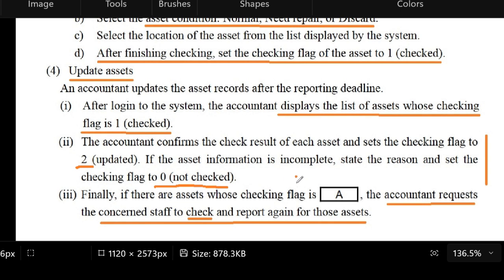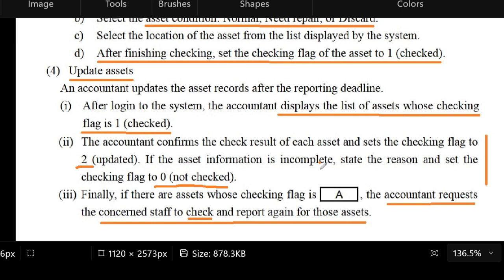The way I solved this really was to focus on what exactly we are looking for. It says the checking flag is blank, and the value could be 1, it could be 2, it could be 0.